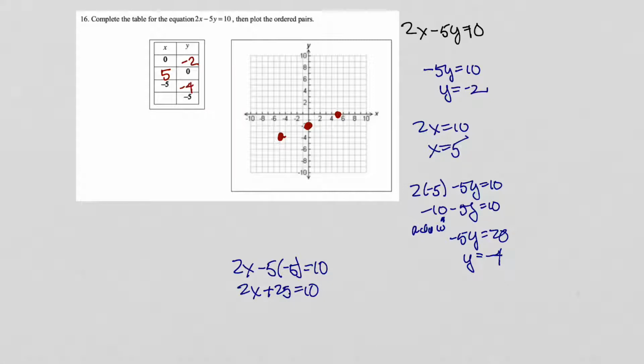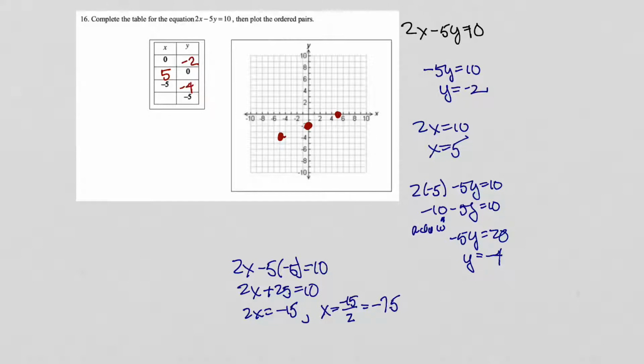And now subtract 25. We'll get 2x equals, now 10 minus 25 is -15. And when we divide, we'll get x equals -15 over 2. But since we're trying to plot a point, this is going to be -7.5.